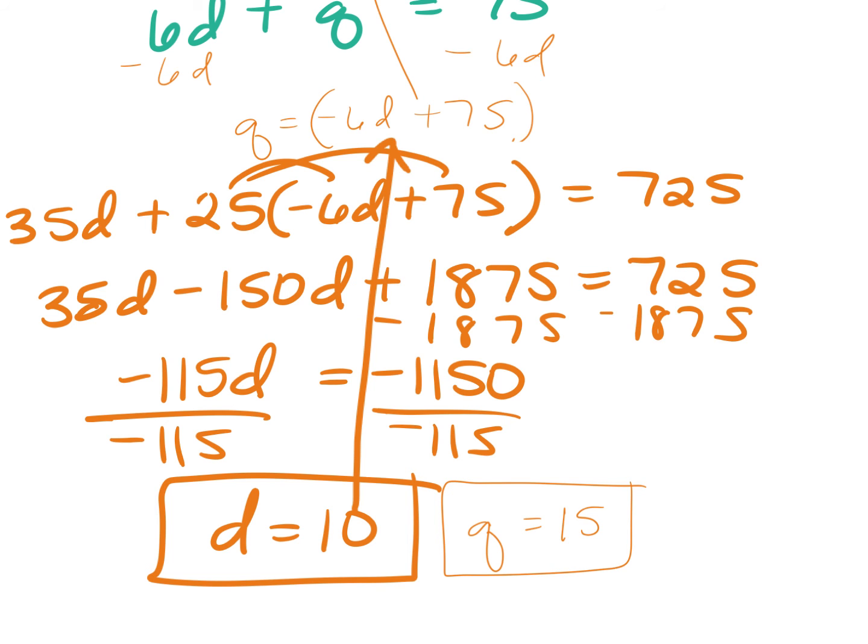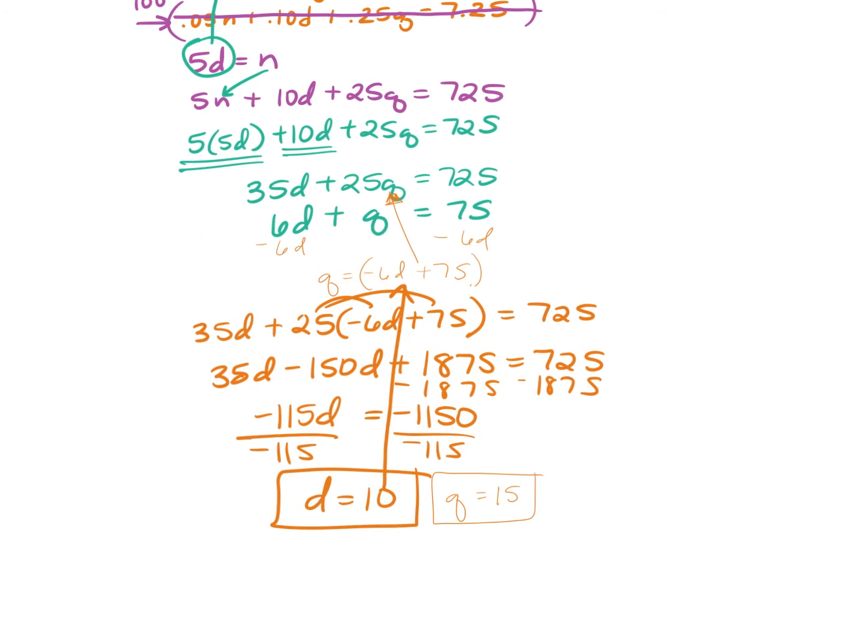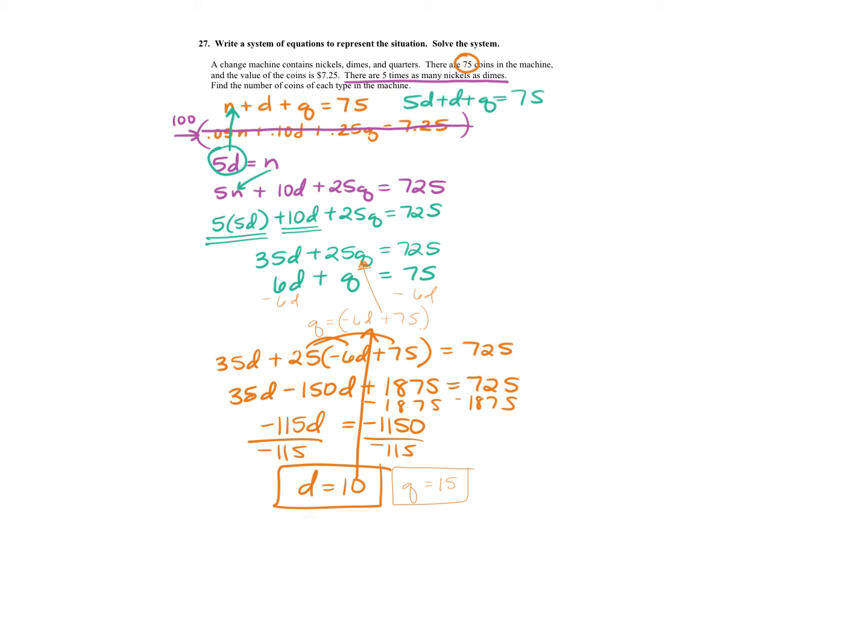Okay, so 15 quarters, 10 dimes, and then I would go back up to this one. If I know D, 5 times that 10 is going to equal our nickel amount. So nickels would be 50.